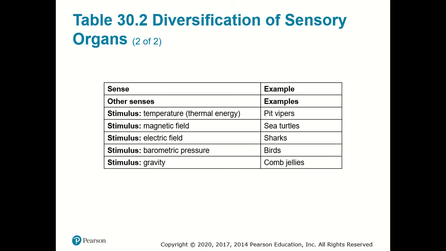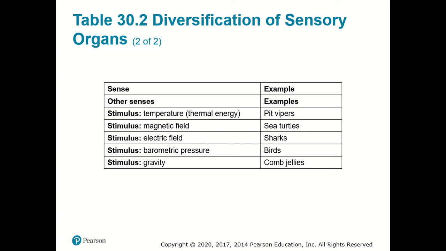There's also the ability to sense magnetic fields, for example, in sea turtles and actually birds. There's some new research within quantum biology that points to the direction that birds need to be able to sense the Earth's magnetic field in order to navigate.